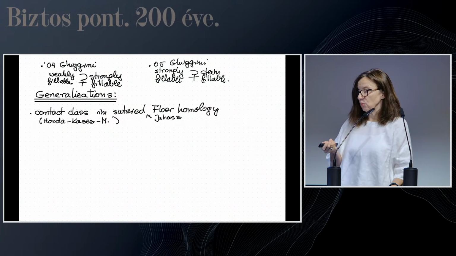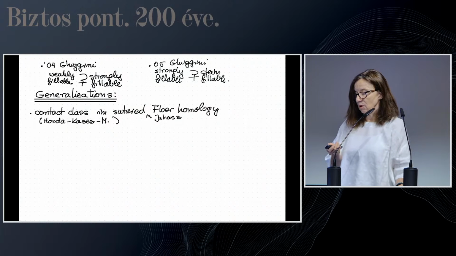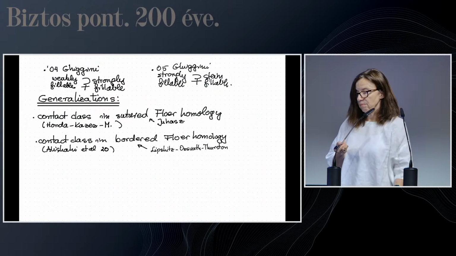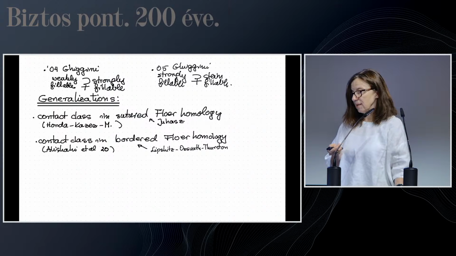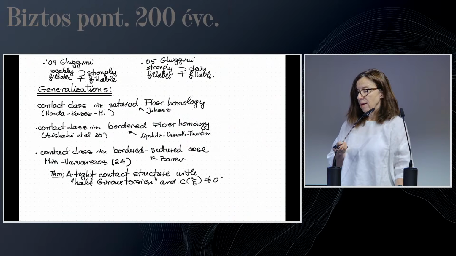Sutured Floer homology was defined by András Juhász, and Honda, Kazez, and I defined contact class in it. Bordered Floer homology was defined by Lipshitz, Ozsvath, and Thurston, and Alishahi, and a whole bunch of other people defined contact class in bordered Floer homology.